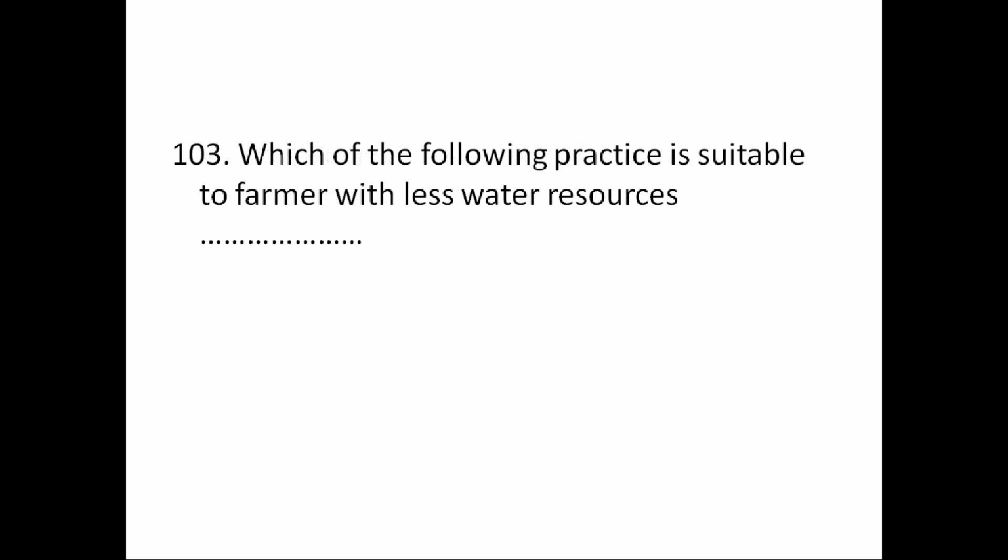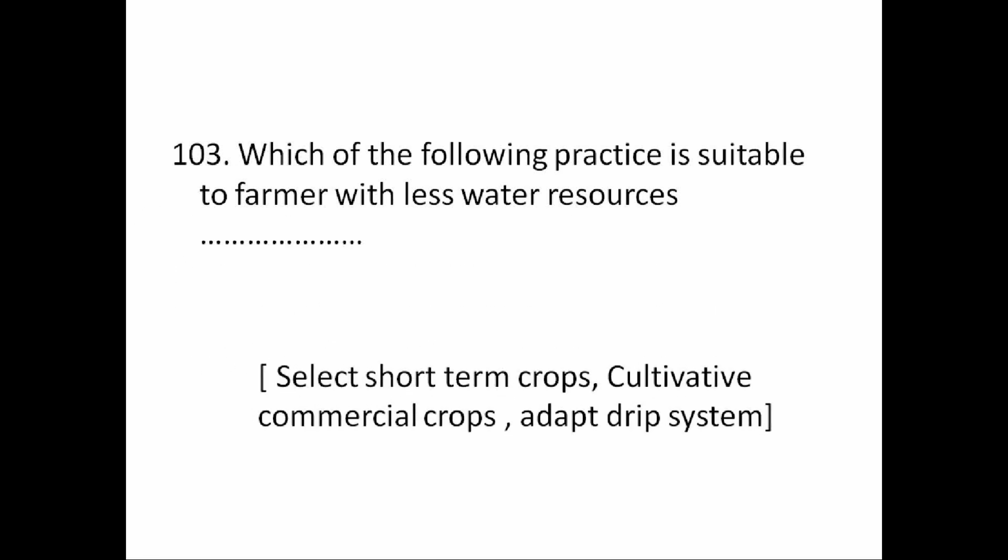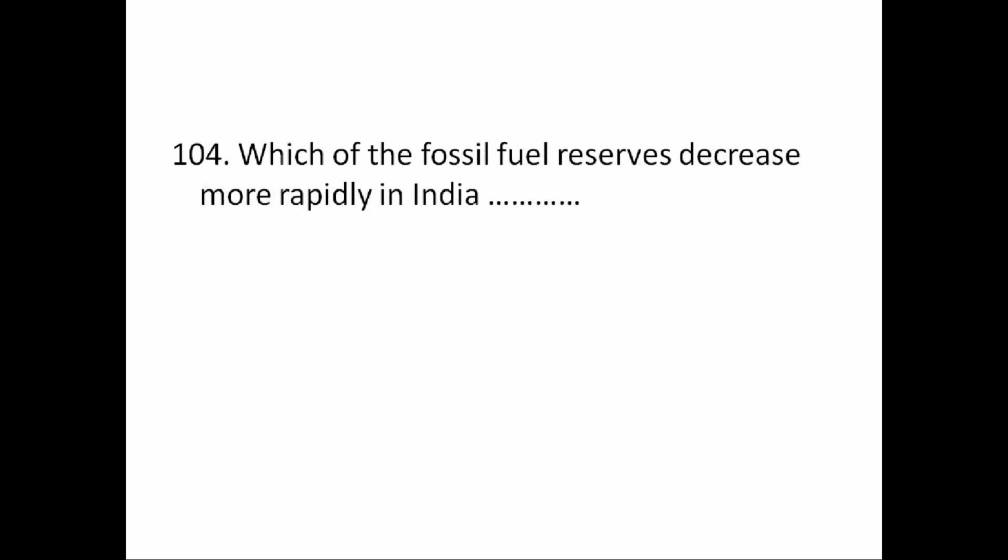Which of the following practices is suitable to a farmer with less water resources? Select short-term crops, cultivate commercial crops, adapt drip system. Which of the fossil fuel reserves decrease more rapidly in India?